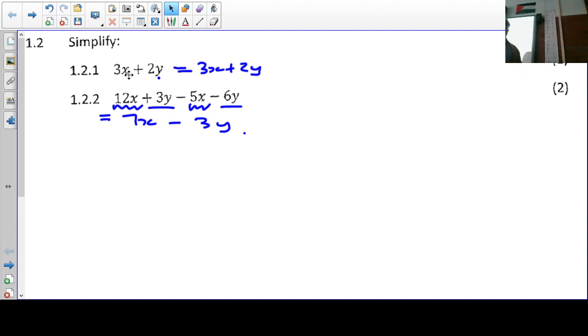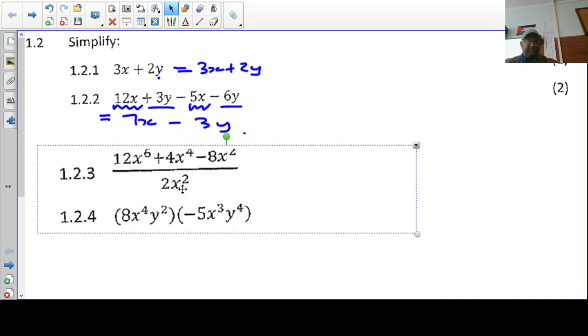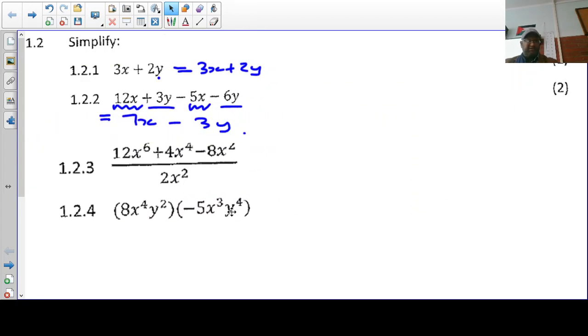Let's go to the next question. Okay, so the first one being 12x to the power 6 plus 4x to the power 4 minus 8x squared all over 2x squared.